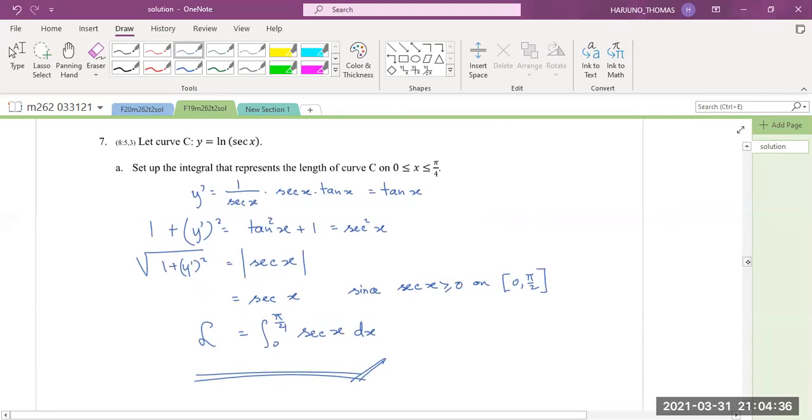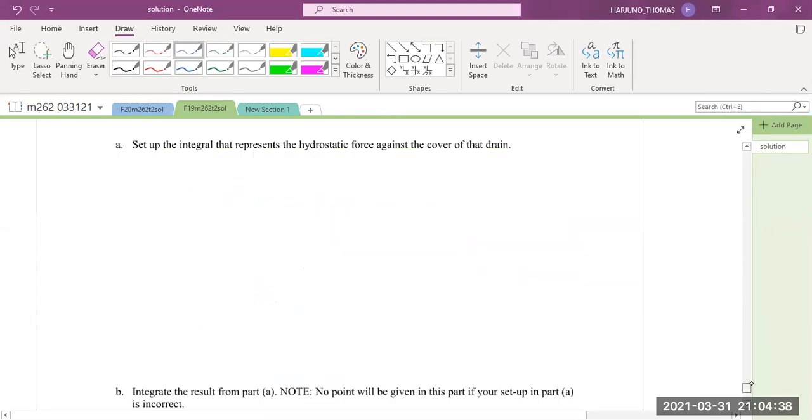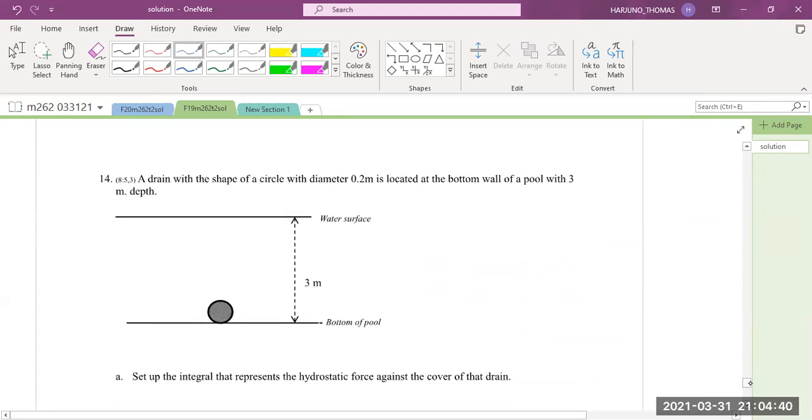And then number 14, the drain with the shape of a circle with diameter 0.2 located at the bottom wall of a pool with 3-meter depth. Okay, so let's say this is the surface of the water and I will super enlarge that drain. I will set my reference line here.